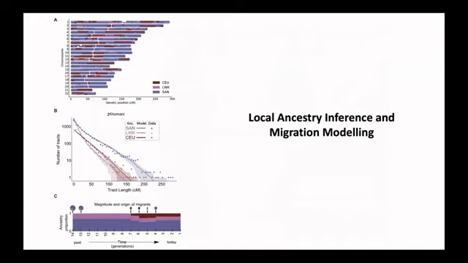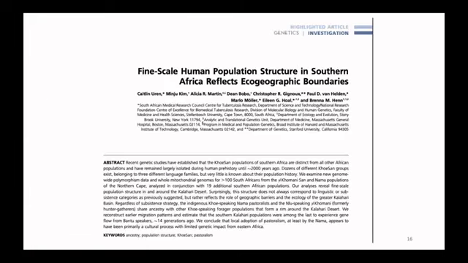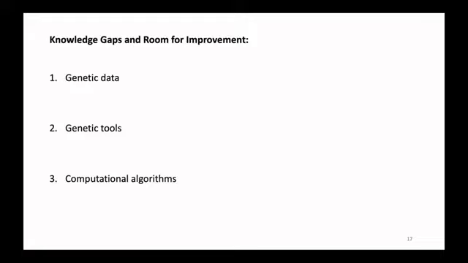You can use local ancestry estimation for migration modeling, which you can see in the B panel of this figure, and you can use that to estimate the time since the admixture event. So all of this resulted in a publication in Genetics, my very first publication, so it was very exciting.